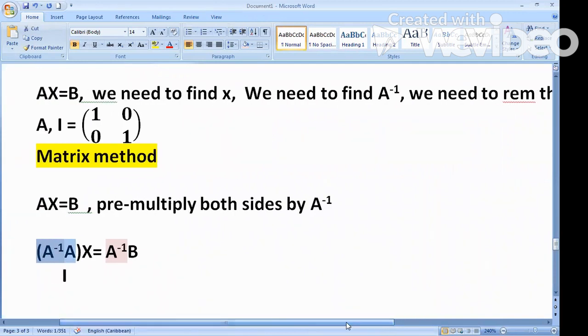So I replace all of this with I, and then I drop in the X. X equals A inverse B.